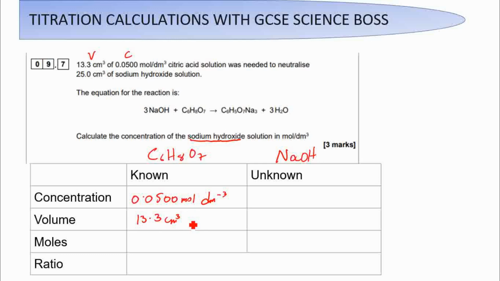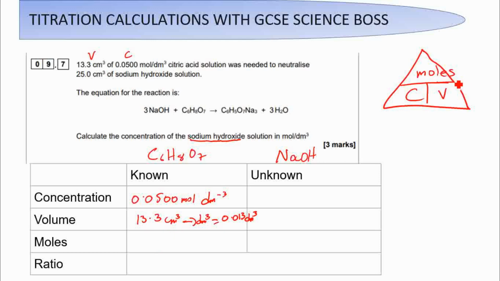Straight away, I know that that needs to be changed to dm cubed, and changing that gives you 0.013 dm cubed. Then how do you work out moles? Just remember, if you're applying for a job, you write a CV with moles at the top of that letter. Doesn't make sense, but okay.